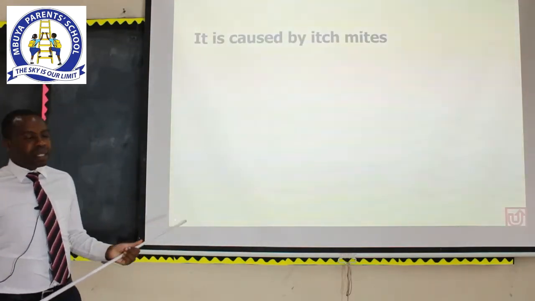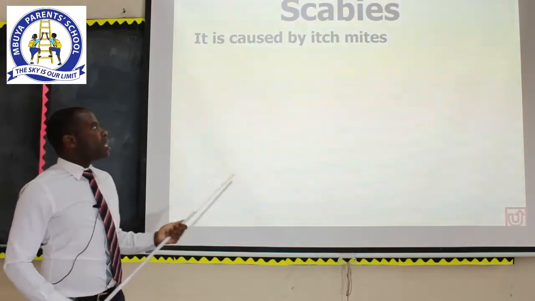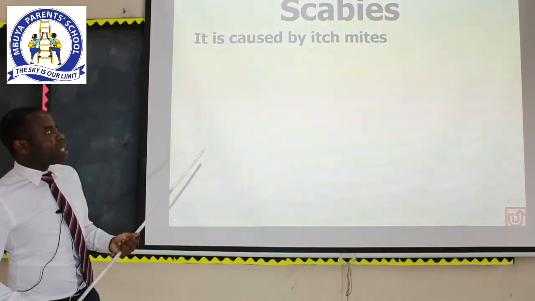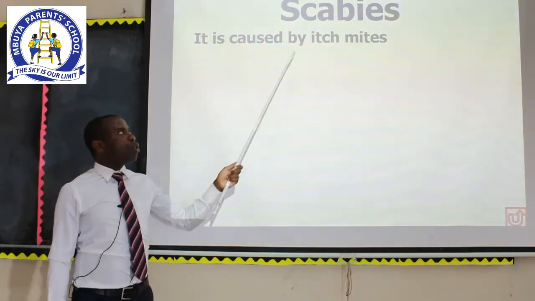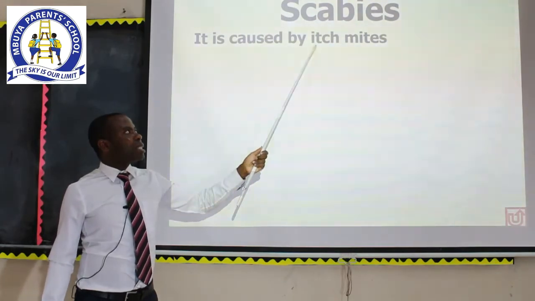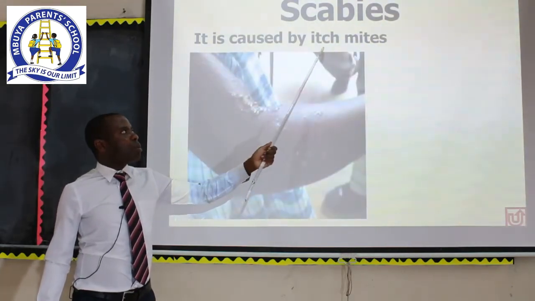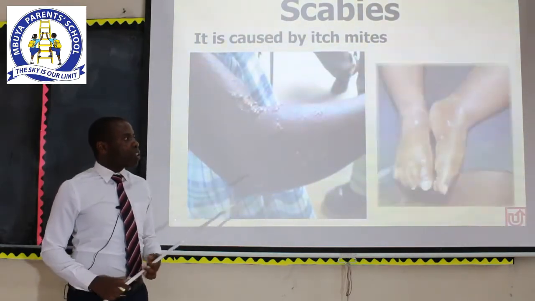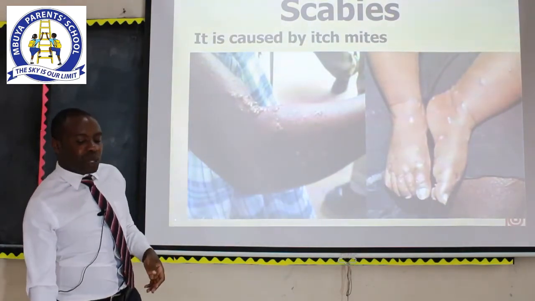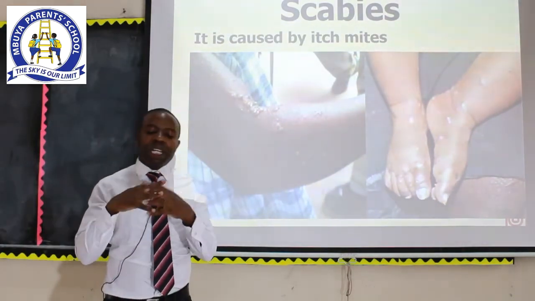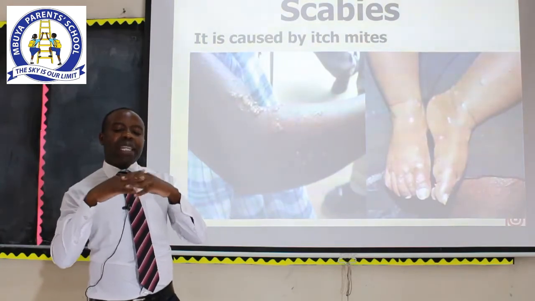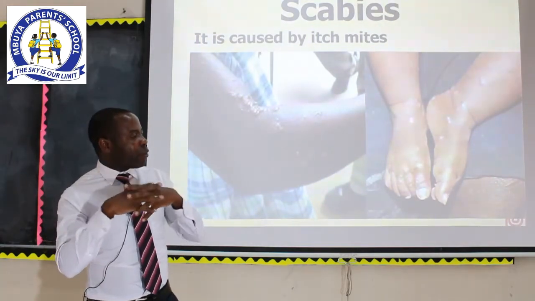The second disease today is scabies. Scabies is caused by what you call itch mite. This is the cause. And when you get scabies, you get affected especially between the toes and the fingers.